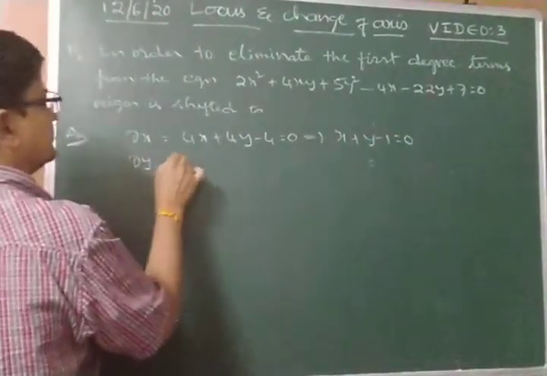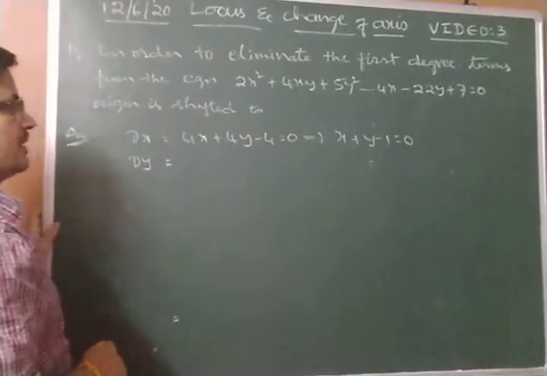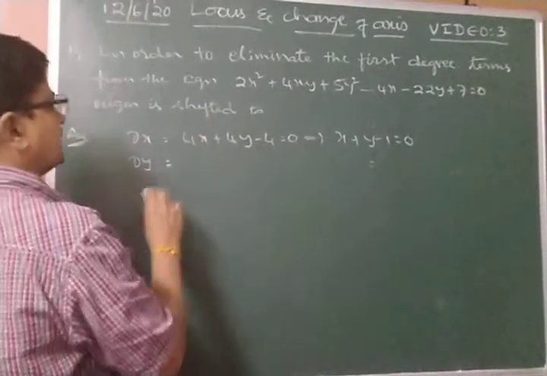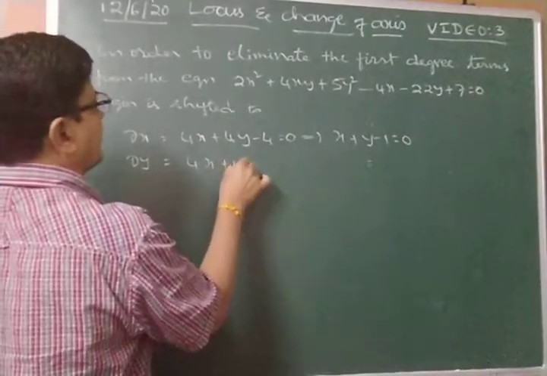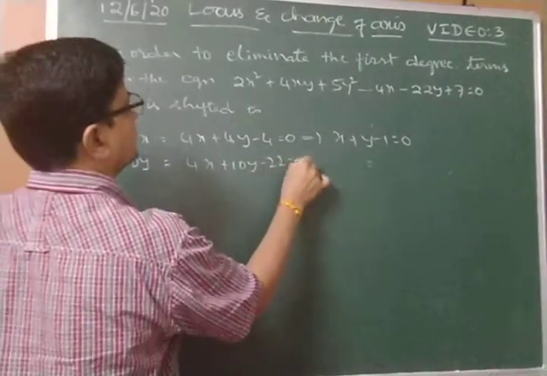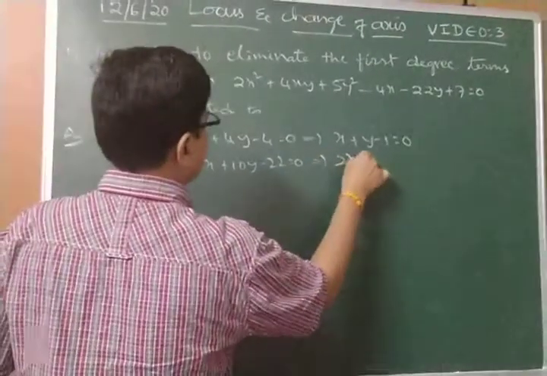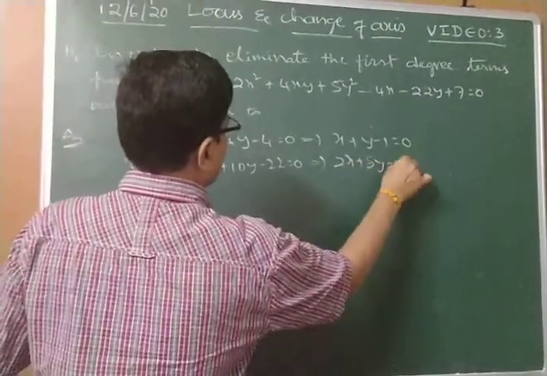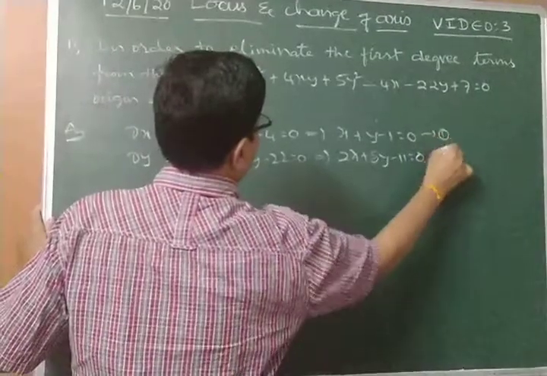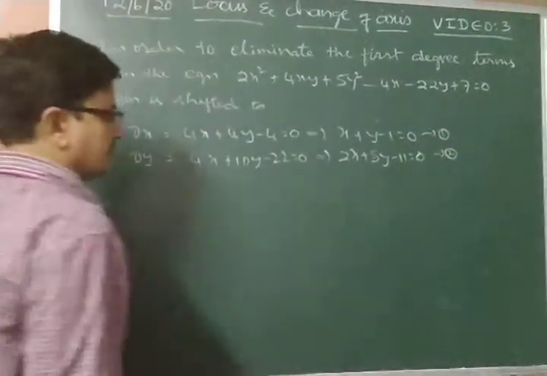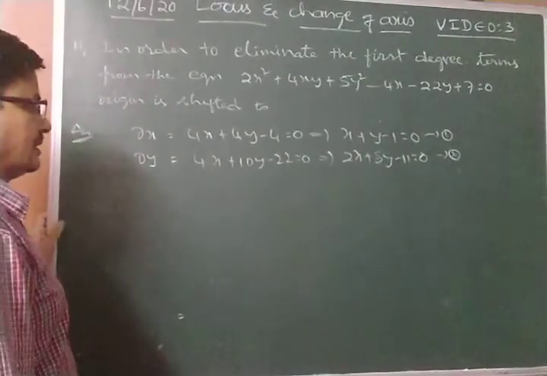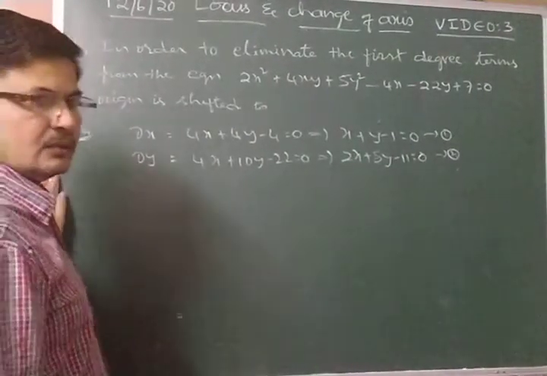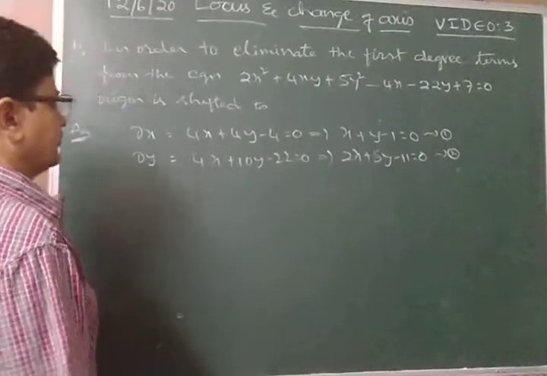Applying the partial derivative with respect to y, here x is constant, 4x plus 10y minus 22 is equal to 0. That implies 2x plus 5y minus 11 is equal to 0. This is 1, this is 2. Taking equation number 1 and equation number 2, solve these two equations, then we get the new coordinates.